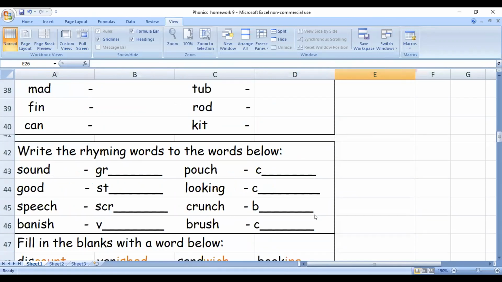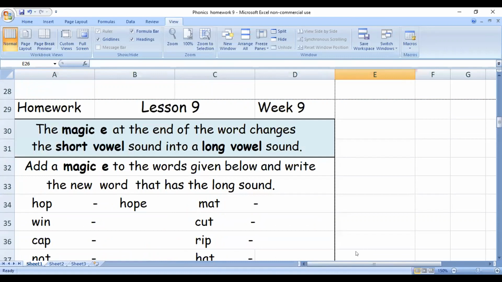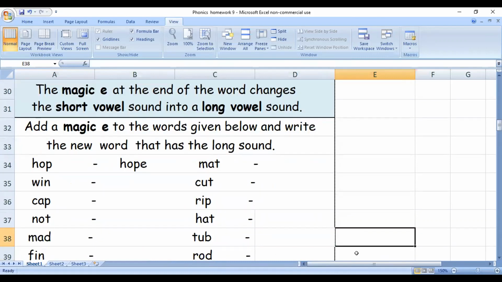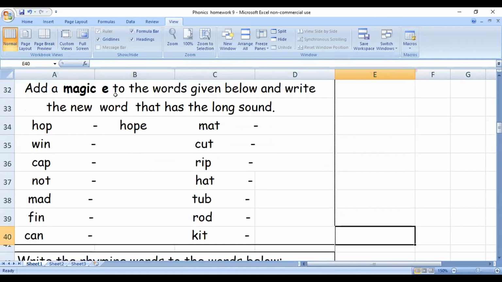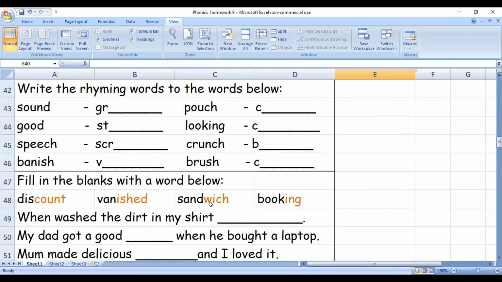This is what you did before. Now, hop becomes hope. Just like you have added this E, you're going to add the magic key to each one of these words, and then read them as you make them. All right, that is the first homework.